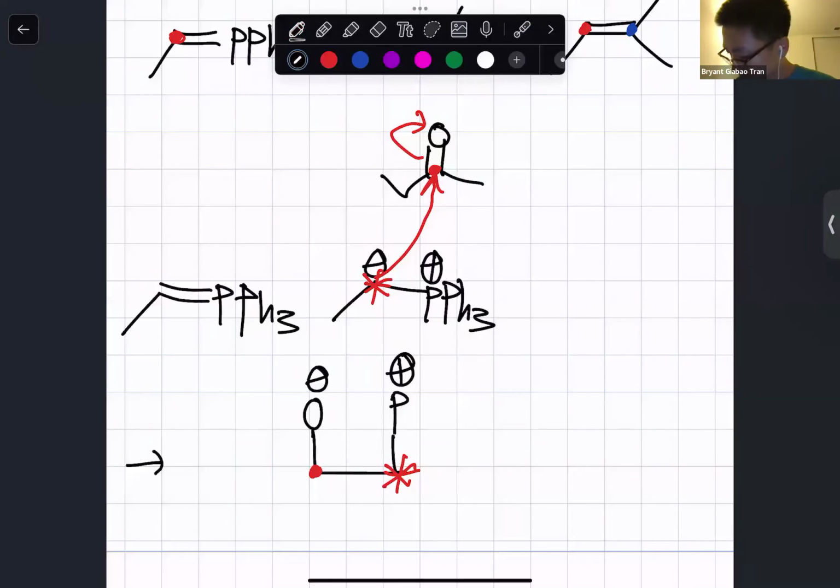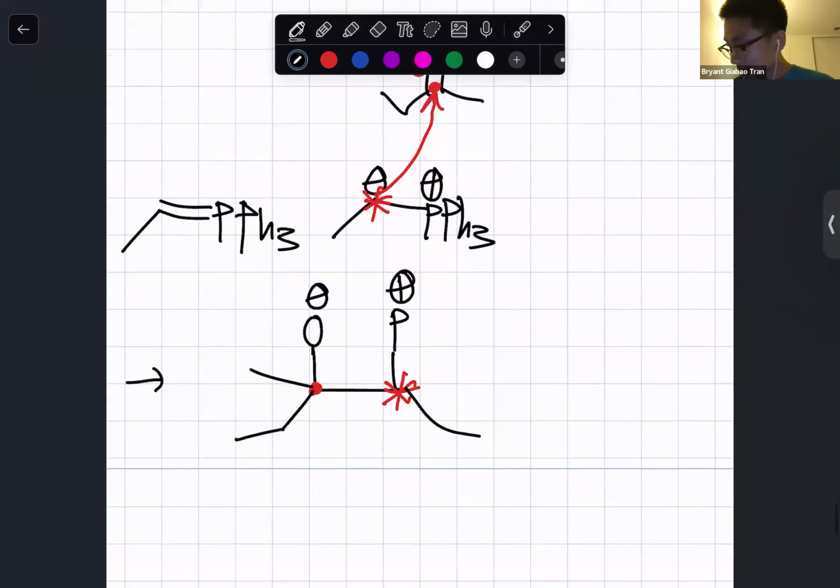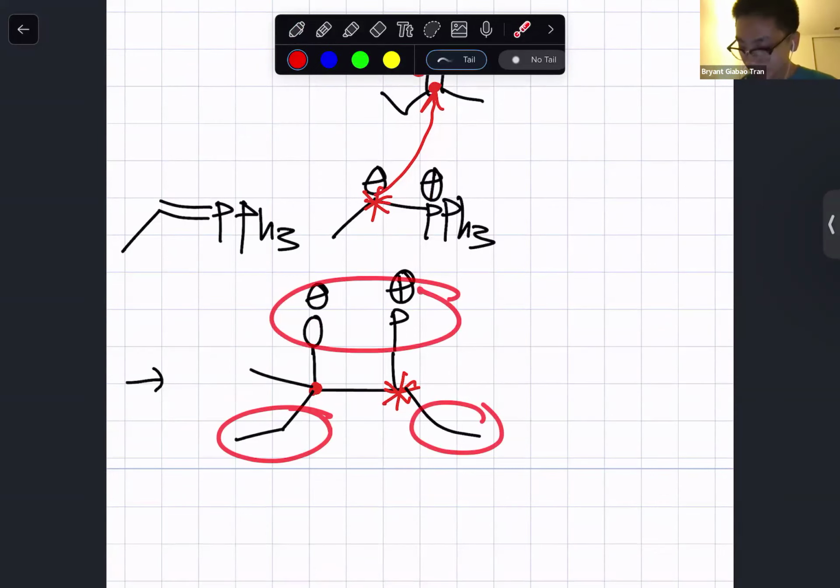When that happens, the dot carbon had an ethyl group and a methyl group. The star carbon had just a methyl group. Right. And then notice how I drew the bulky groups away from the oxygen and phosphorus right there.